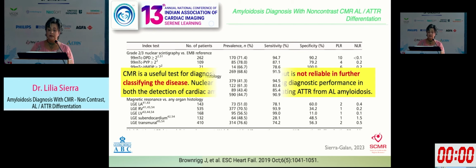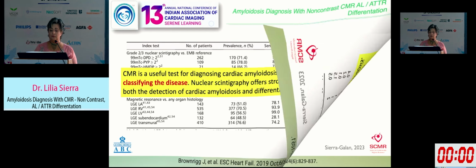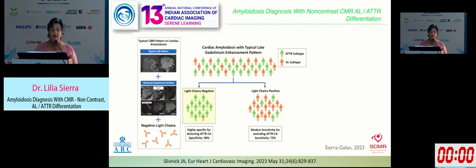So nuclear scintigraphy offers a strong diagnostic performance in both the detection of cardiac amyloidosis and the differentiation of ATTR from AL amyloidosis. So this paper was from Slibinsky and Carolina Zareva from Ohio, but they are using the CMR registry.